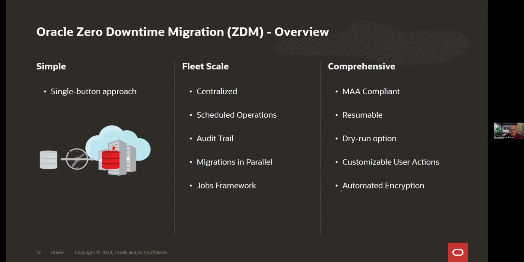It also encrypts the database for you in the cloud. So you are compliant, you are set in the cloud without worrying about any manual additional steps that you need to do afterward.